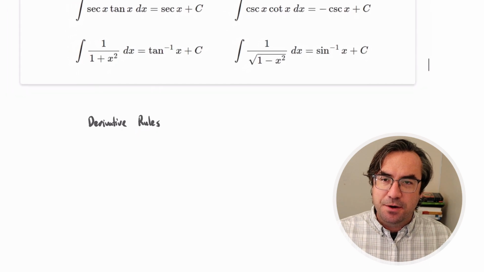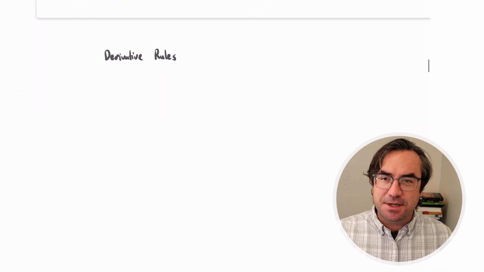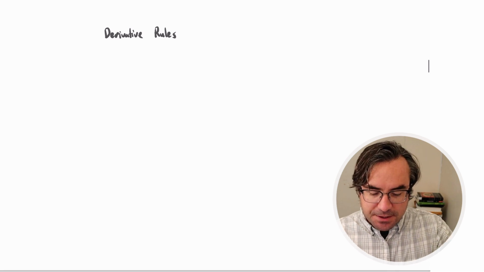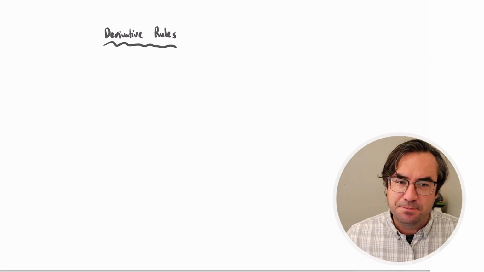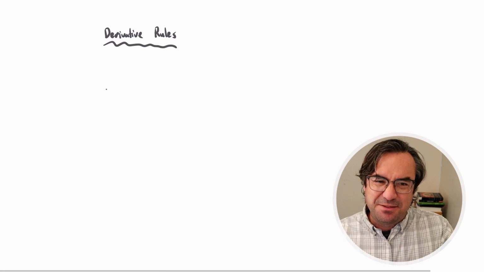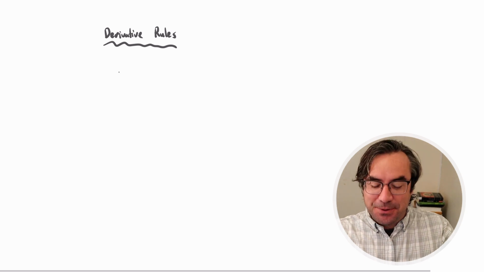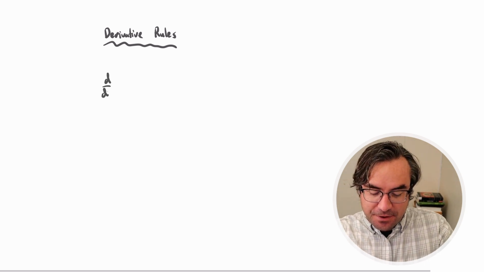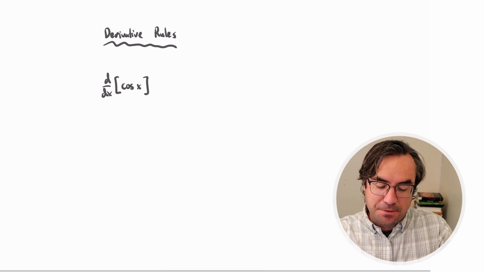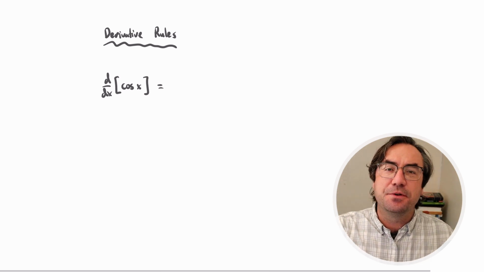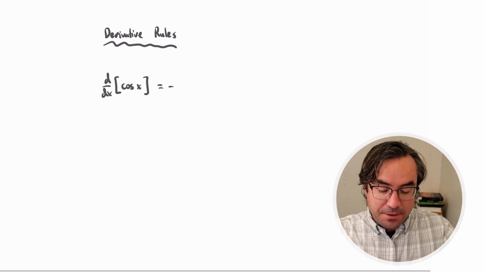Let's look at a couple of derivative rules we could do. Let's do 2. So let's do the derivative of cosine. What was the derivative of cosine? Well, it was negative sine of x.